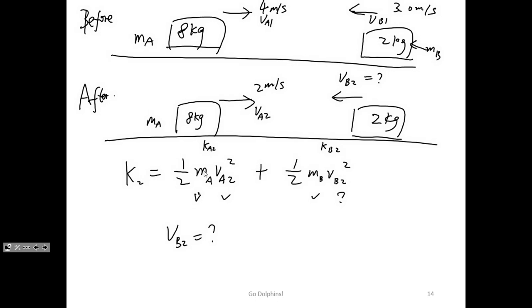And it's a collision, right? It's a collision. So apparently momentum should be conserved. I should have P1 equals P2. Can we solve the final velocity of object 2 using the momentum conservation equation? So yeah, let's try.